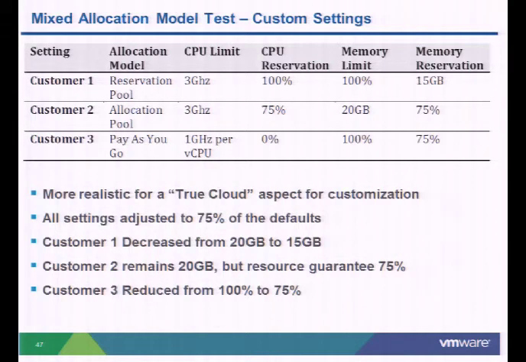The interesting thing about allocation pool that we'll point out is you can't set it to 0. You can't say give a customer 20 gigs of memory at 0% guarantee, because nothing will work. The lowest that number will go is 20%. What we recommend, and I don't know if this actually made it into VCAP, but when you think about that math I gave you, the 100 to the 75 to the 50, and as that goes down, two things start to come together between the guarantee on the VM and the guarantee at the pool.